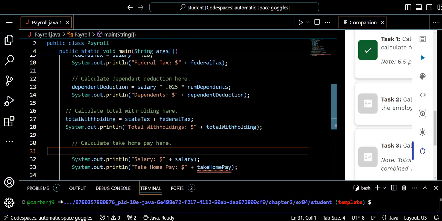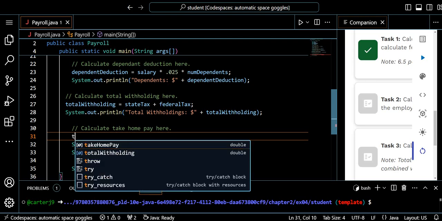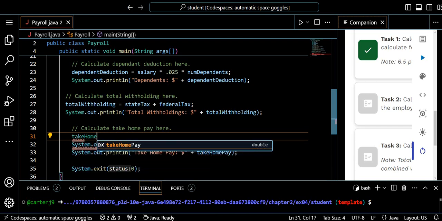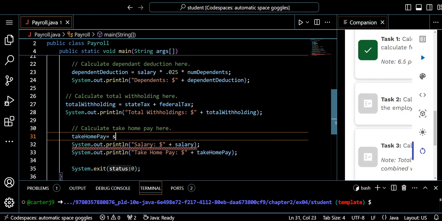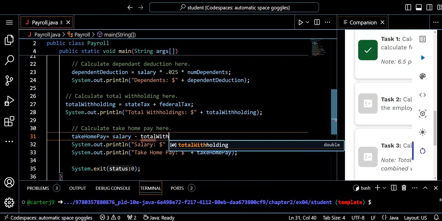Next, we'll go ahead and do take-home pay. So we've already got a line for us there, so let's go right there. Take-home pay equals salary minus total withholding plus the deduction.